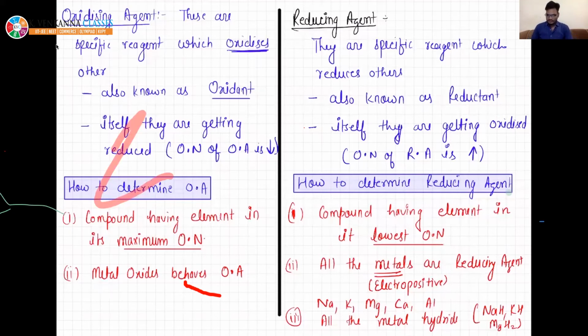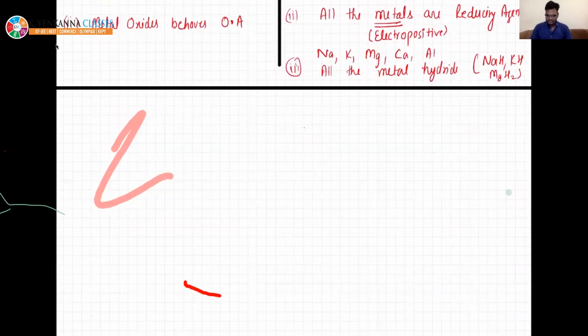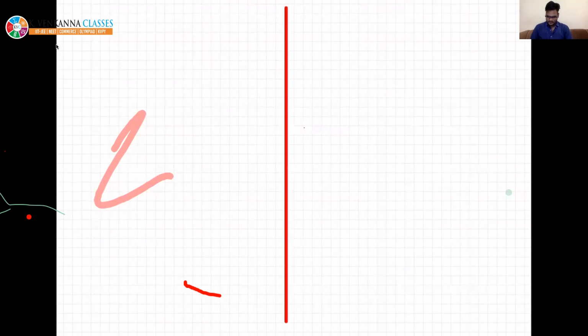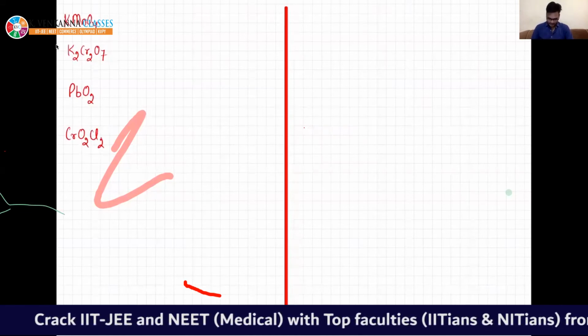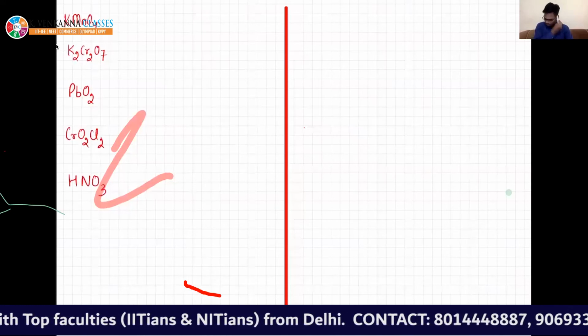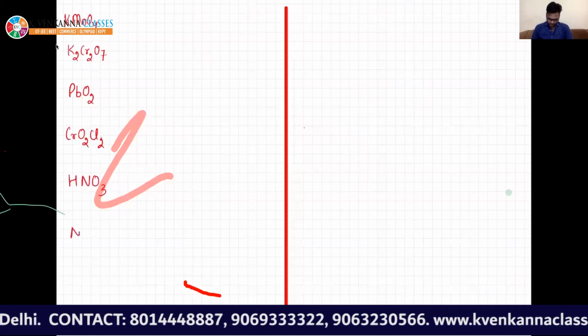Clear. Okay, fine. So I am making some list. You must be aware of some good oxidizing agents and reducing agents, like KMnO4, K2Cr2O7, PbO2, CrO2Cl2, and HNO3, or N2O5 or some other oxide.